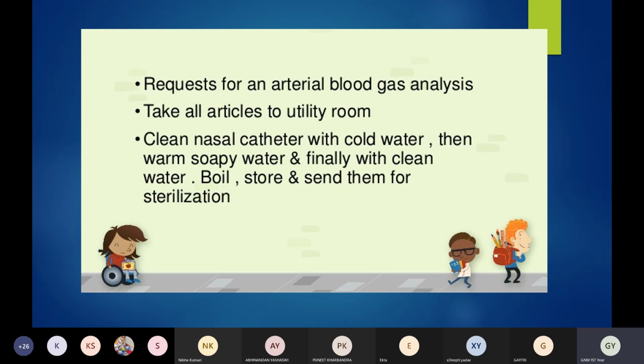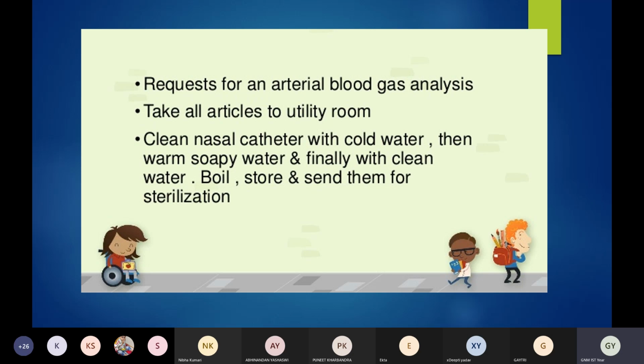But in old times, in the old generation, they used the same nasal catheter and the same oxygen mask for different patients. So to prevent cross contamination we had to wash it properly, then boil and send for sterilization.